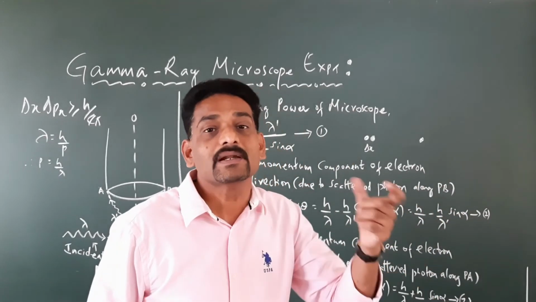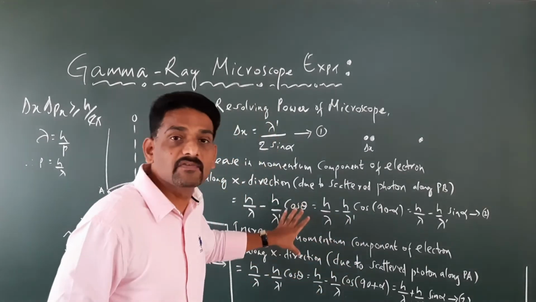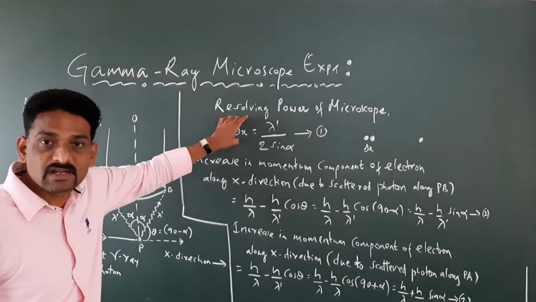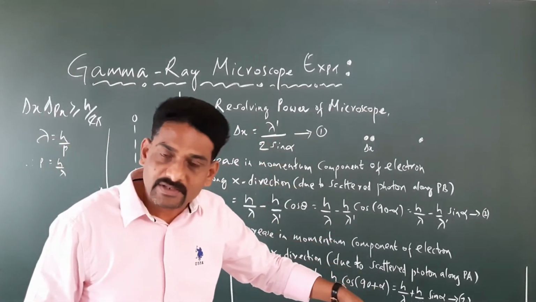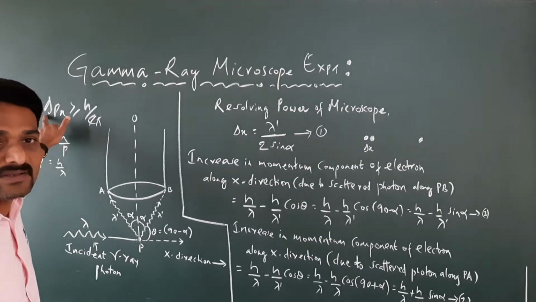So that is going to be delta px. Once you know the value of delta x and the value of delta px, we can evaluate the Heisenberg's uncertainty equation.